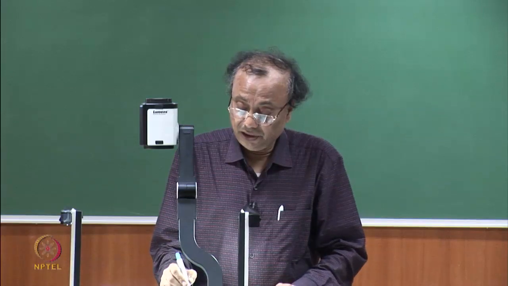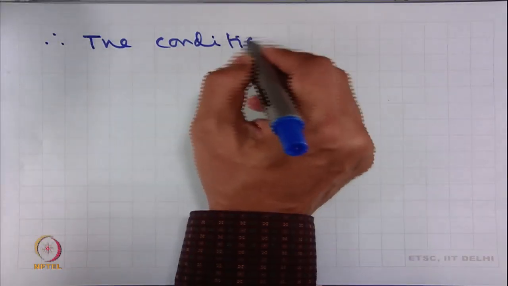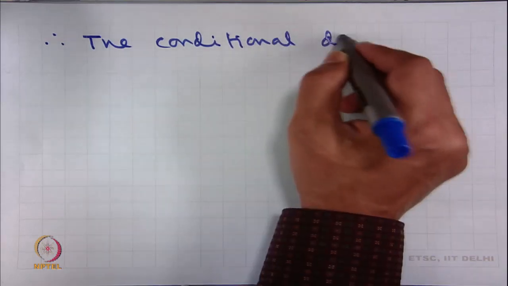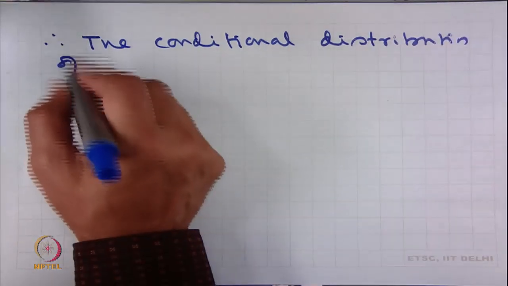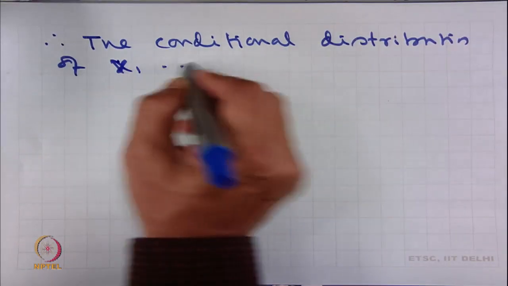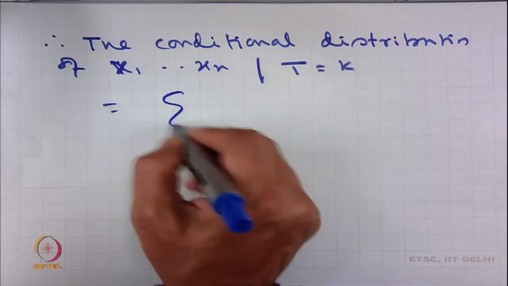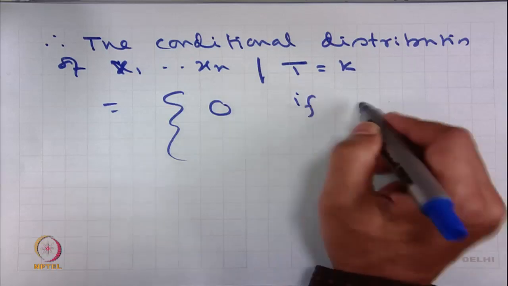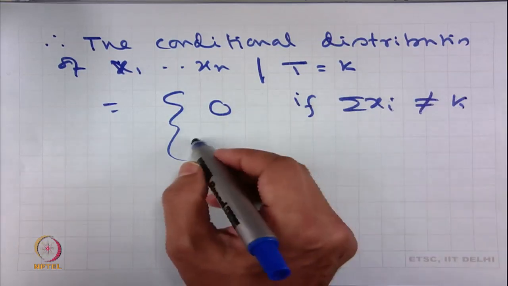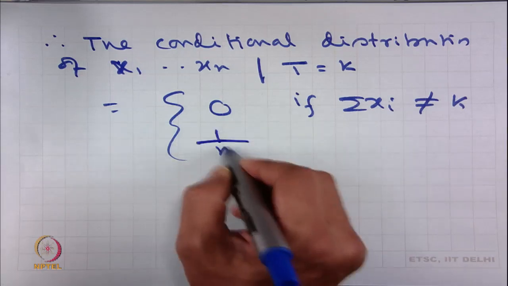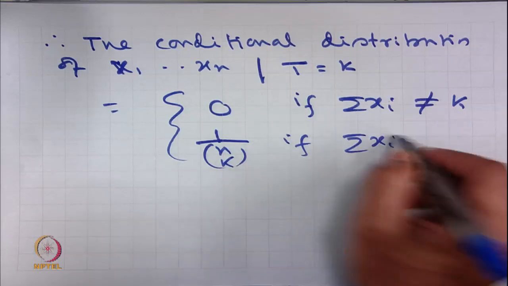Therefore, the conditional distribution of X1, X2, Xn given T is equal to k is 0 if sigma xi is not equal to k, or this is equal to 1 upon n c k if sigma xi is equal to k.